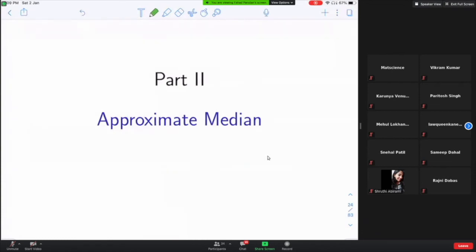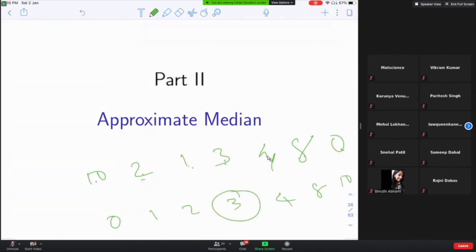For example, if I write 0, 1, 2, 3, 4, 8, 10, which comes in the middle? Here 3. 3 is the median. Suppose you have two numbers in the middle, then any of these is a median. So have you seen an algorithm to compute the median?